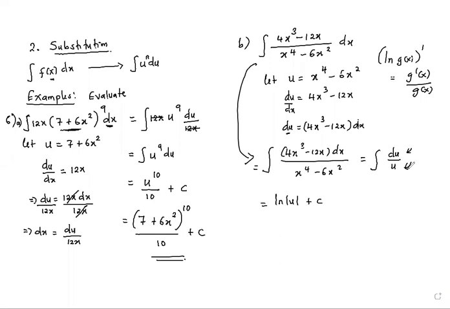So we take it back to ln plus c. But this is u, and our answer must be in x form. So we get ln of x to the power 4 minus 6x squared, plus c.